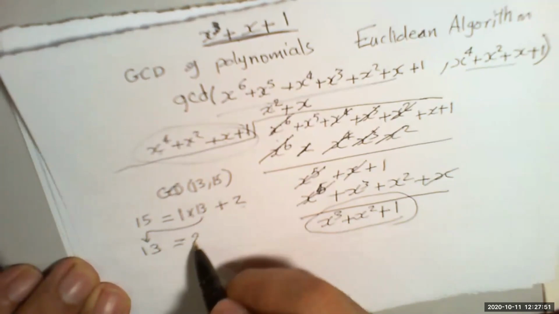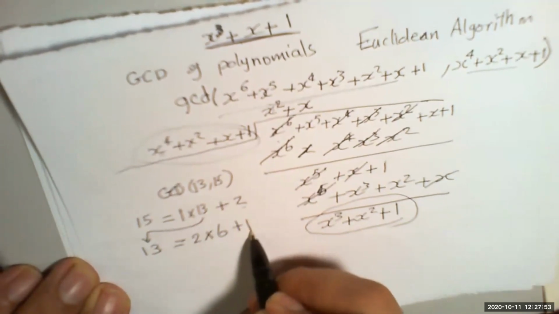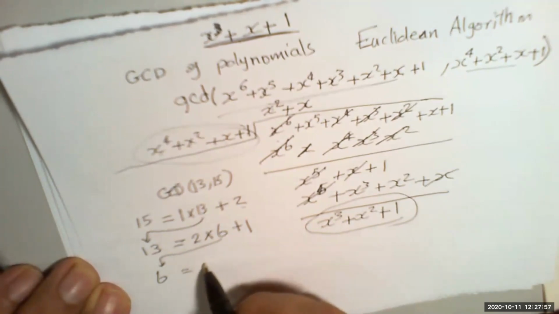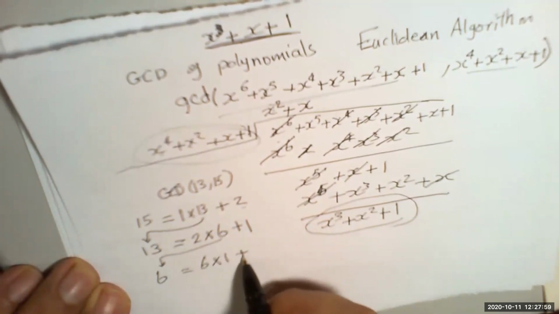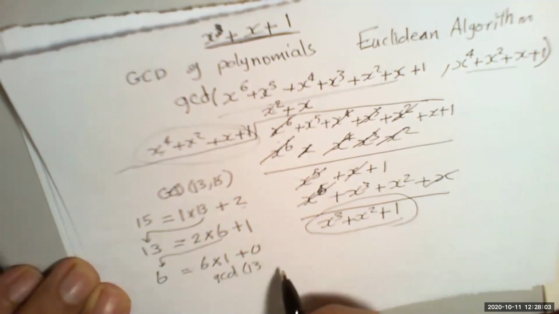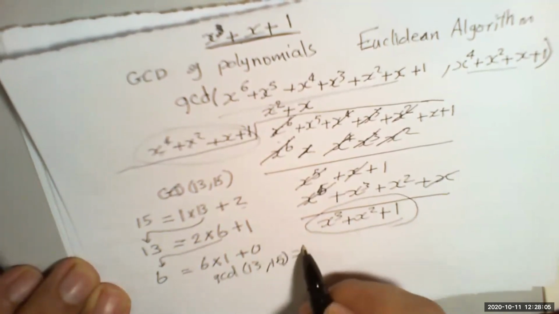It is 2 multiplied by 6 plus 1. And how many times does 1 go into 6? It's 6 times 1 plus 0. So the greatest common divisor of 13 and 15 is equal to 1.